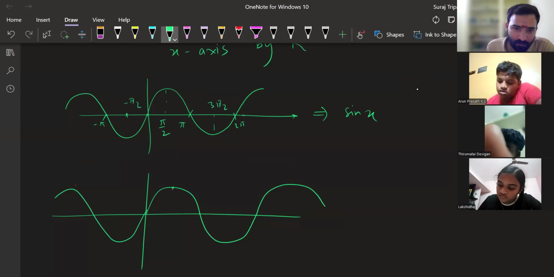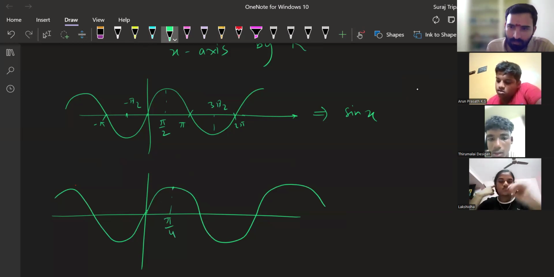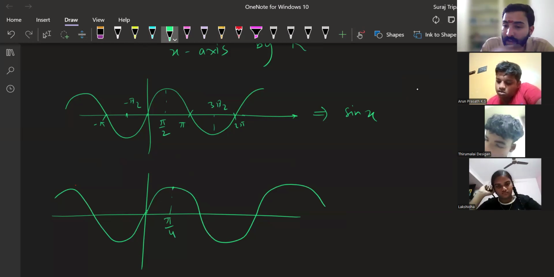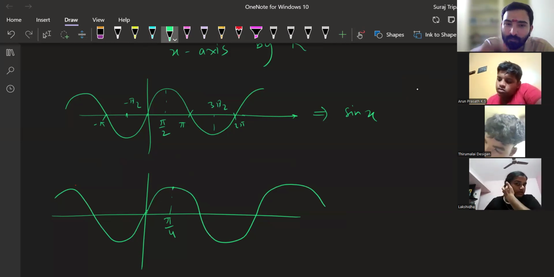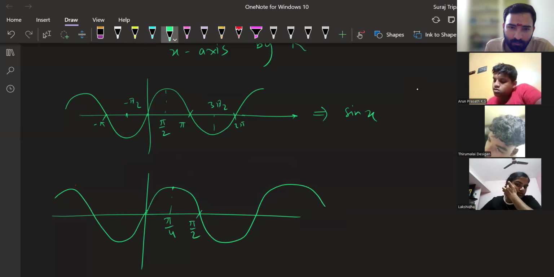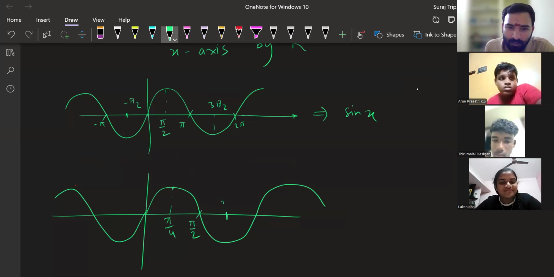See the graph: this point will become pi by 4, previously it was pi by 2. Now we have to divide all the values on the x-axis by 2. So pi by 2 will become pi by 4, and pi will become pi by 2. This 3 pi by 2 will become 3 pi by 4.